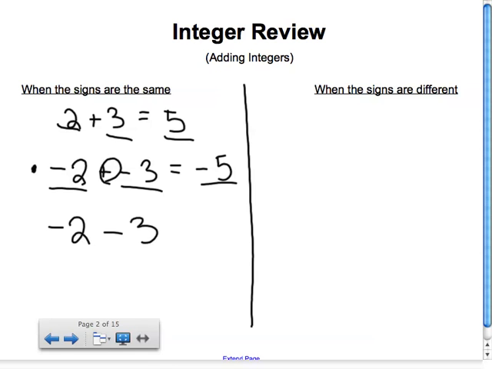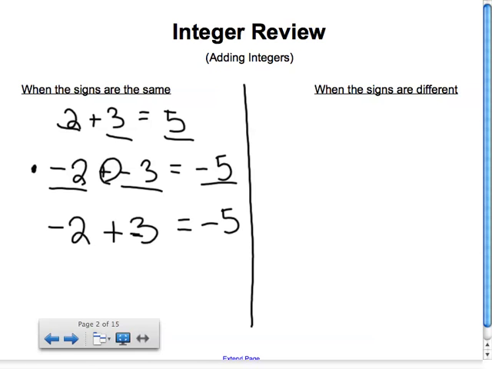In other words, keep this negative 2 the same, but then change subtraction to an addition sign, and flip, or find the opposite of 3, which is negative 3. So you realize here that negative 2 plus negative 3 is the same thing as negative 2 minus 3. You end up with the same answer of negative 5.